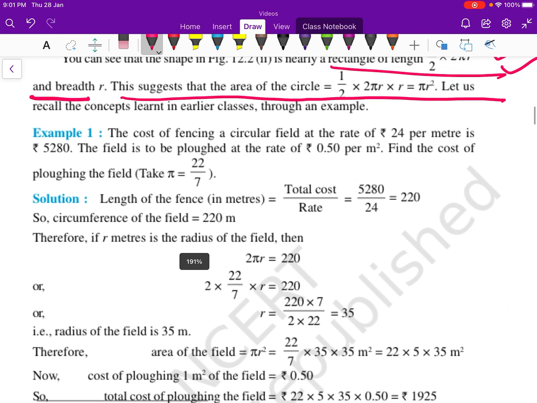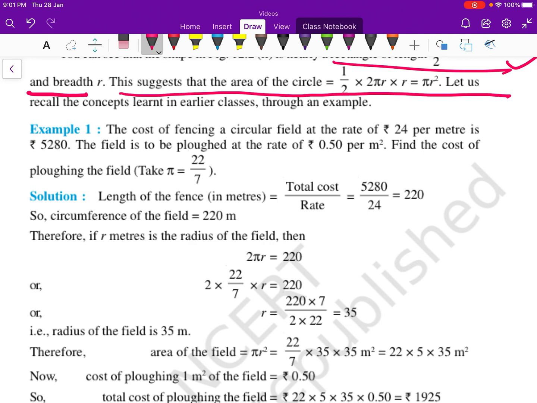The cost of fencing a circular field at the rate of 24 rupees per meter is 5280. The field is to be ploughed at the rate of 0.50 per meter square. Find the cost of ploughing the field.